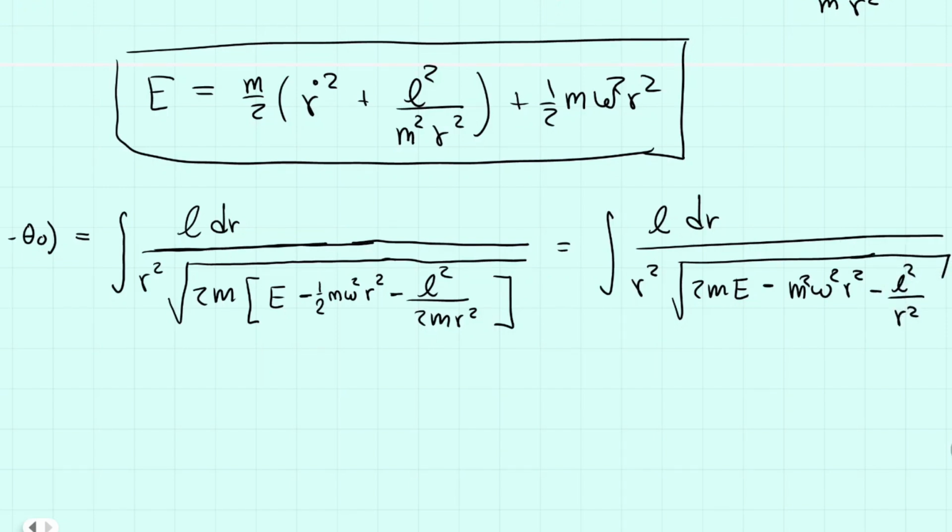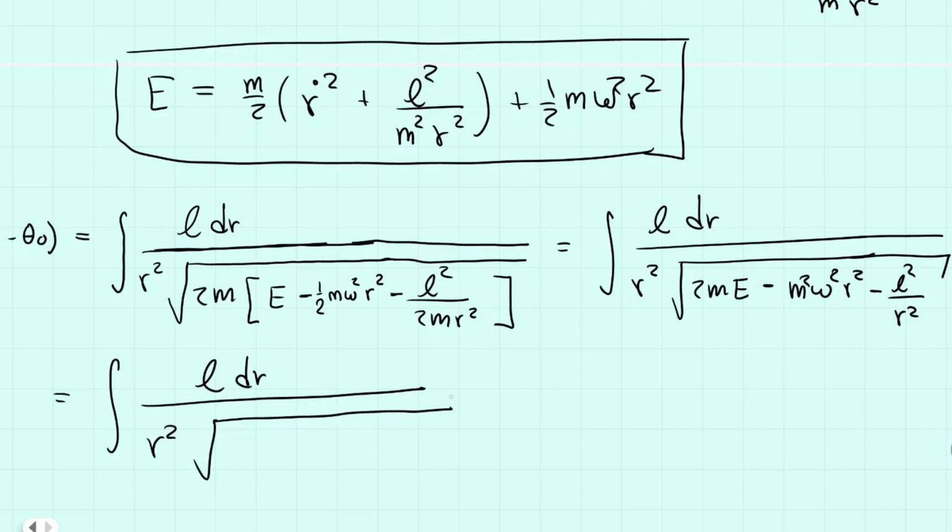Then we are going to take a common factor r squared from all this expression, and this is going to give us the integral of L dr over r squared times the square root of r squared times 2mE over r squared minus m squared omega squared minus L squared over r to the 4th.